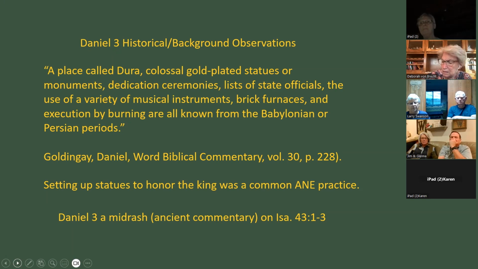And then setting up statues to honor the king was a common ancient Near Eastern practice. So what Nebuchadnezzar does is also easily recognizable. And then he makes mention of Daniel as a midrash. Now, this is a technical word, and basically a midrash is commentary on scripture.